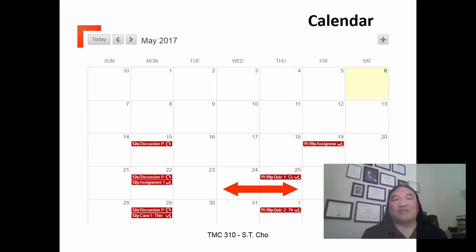This gives you some flexibility in picking when you actually want to take the quiz, and it ends at midnight on Thursday. Assignments in general are due Mondays at noon, but double check. Blackboard will tell you when it's actually due. I think I've made every assignment do that, but the final assignment I had to move.